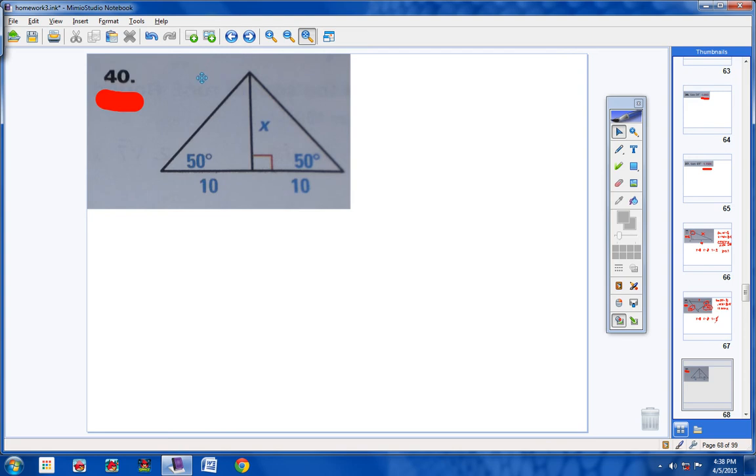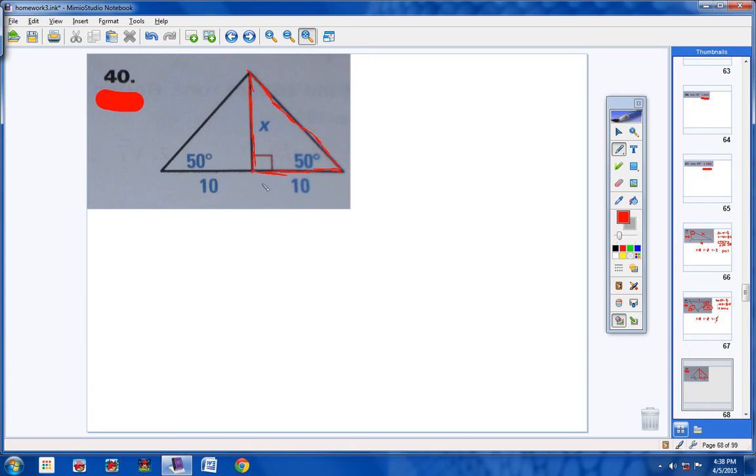Same thing. Now let's be really careful here. I know that I have here a right triangle. Okay? Right here. There's a right triangle.